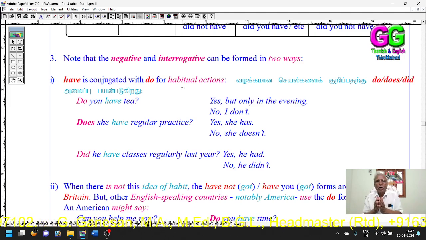As we conjugate any finite verb in the negative and interrogative: I go to Madurai. Negative: I do not go to Madurai.